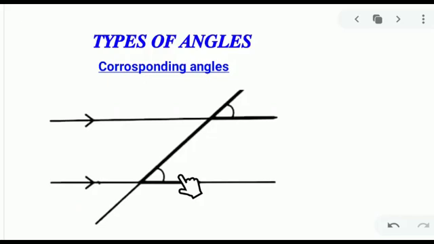Another way to recognize corresponding angles is that an F is being formed. In this case, an inverted F is being formed, like an upside down F, while this angle, if we consider this place, will be equal to this angle because an F is being formed over here also. Now, let's move on and see the other type of angles.